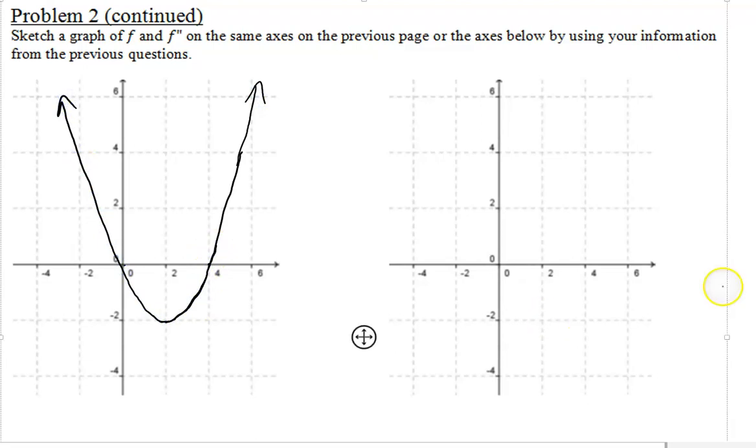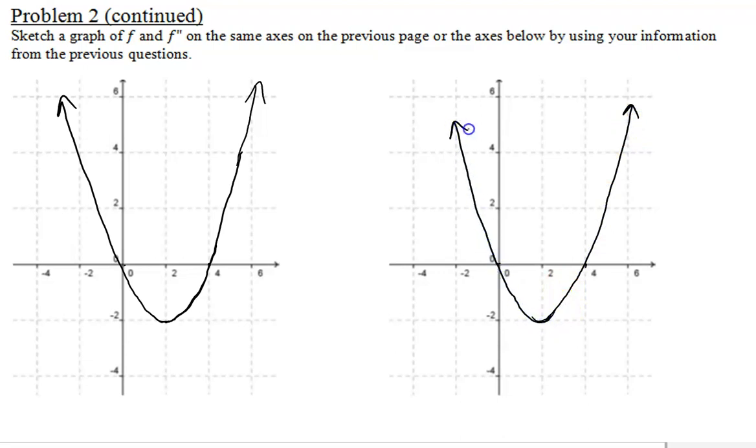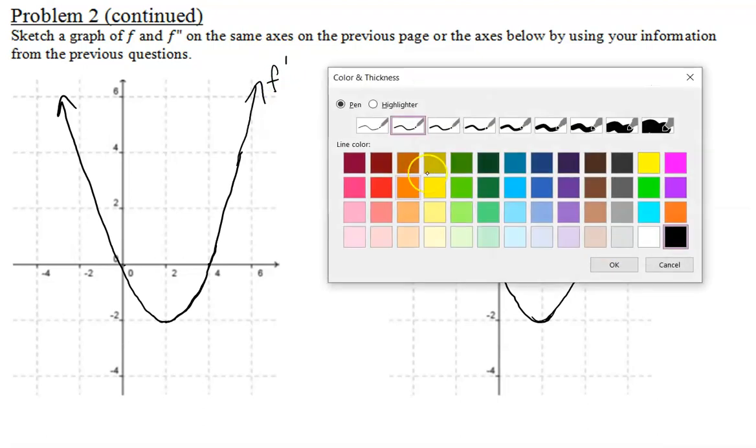Okay? And again, sorry, these aren't the smoothest curves. Okay, something like that. And let's label. We're going to have a lot of functions on the same graph here. So this is f prime. Okay, so let's do f double prime first.